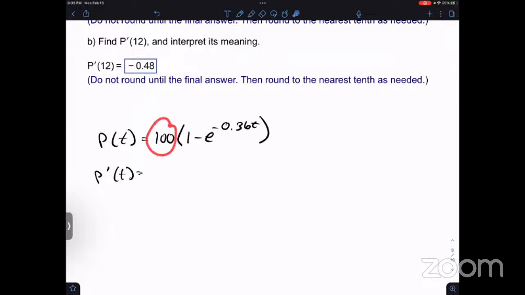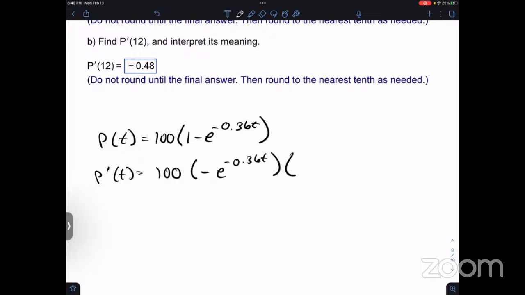Okay. So then that's going to be 100 times the derivative of 1 is 0. The derivative of e is itself. So first let's go ahead and write the e to the negative 0.36t. But then we have to say times the derivative of the power. So the derivative of the power is negative 0.36.